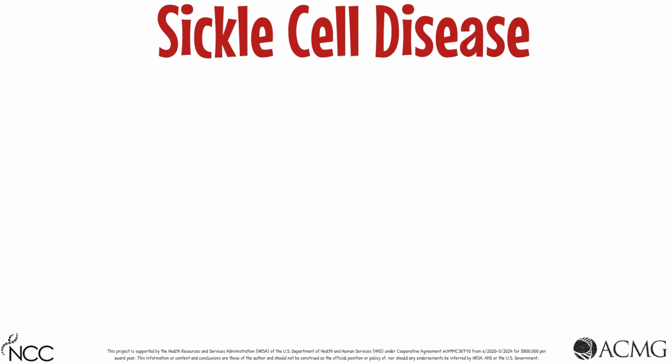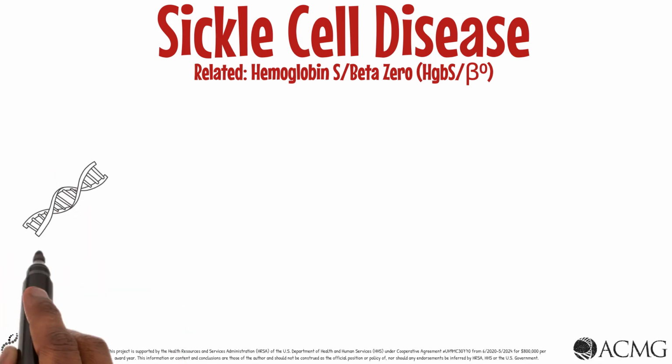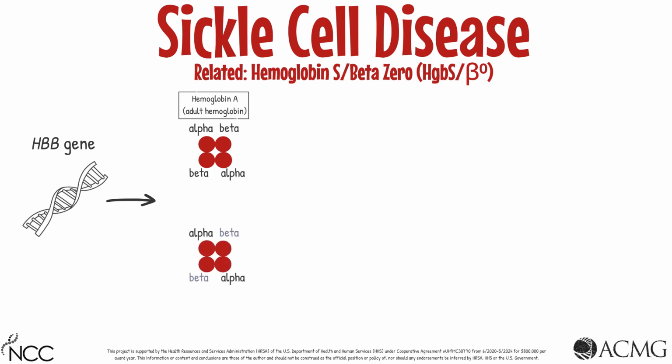Hemoglobin SS, also known as sickle cell disease, along with the related condition, hemoglobin S beta 0, are genetic conditions caused by pathogenic variants found in the beta hemoglobin, or HBB gene. This gene is responsible for making hemoglobin molecules, which in normal adult hemoglobin, or hemoglobin A, are composed of 2 alpha globin chains and 2 beta globin chains. In sickle cell disease, the beta globin chains are altered.